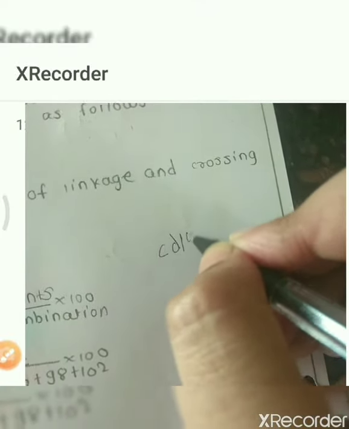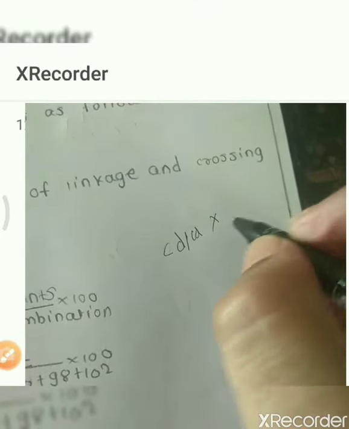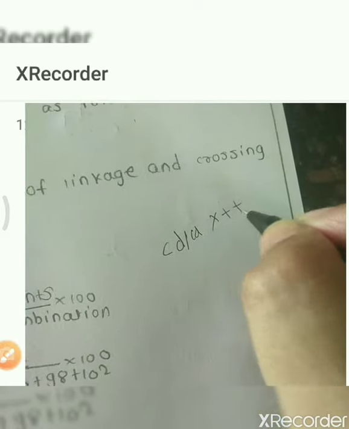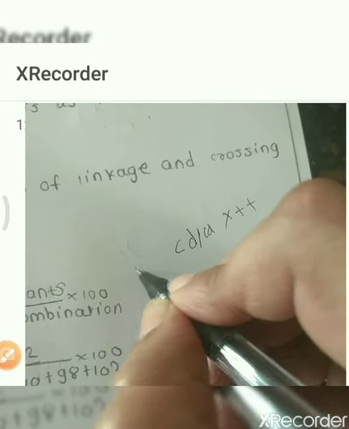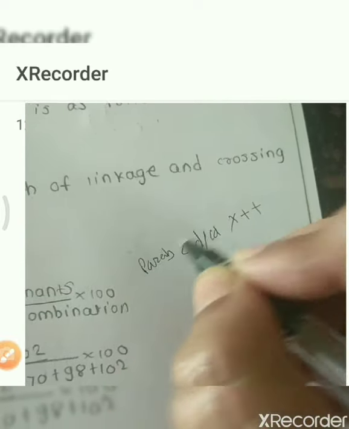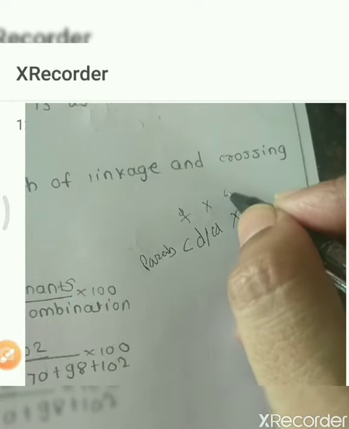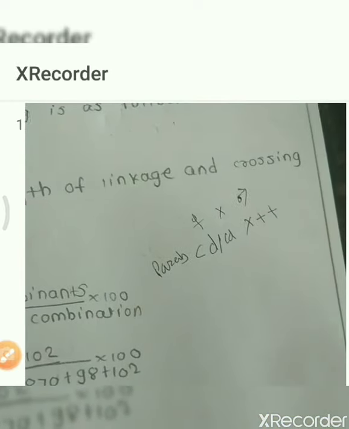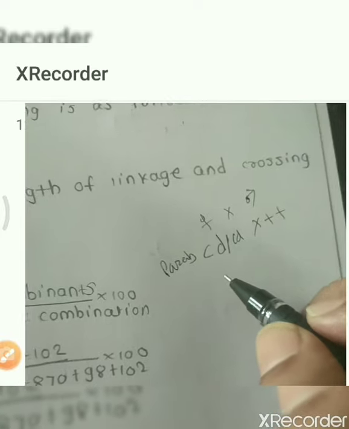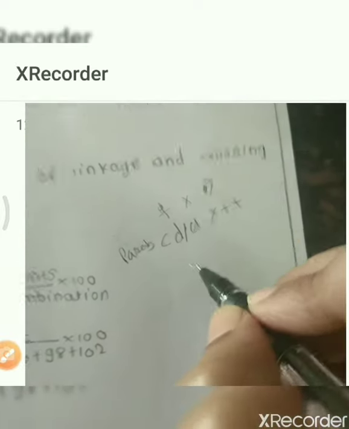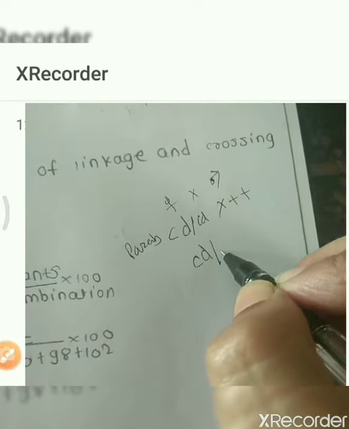CD is crossed with a wild phenotype. So these are our parents, this is the female parent and this is the male parent. What is the F1? F1 is CD upon plus.